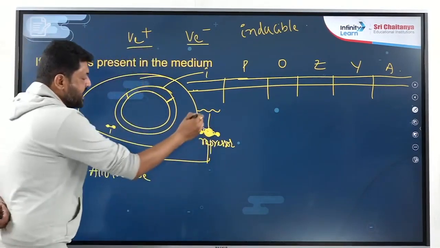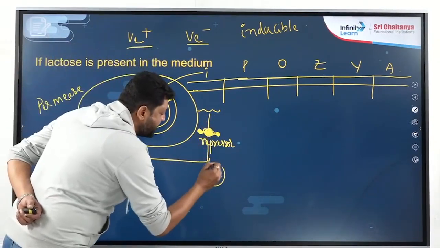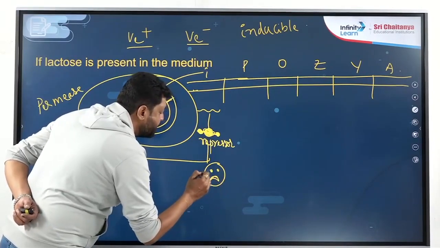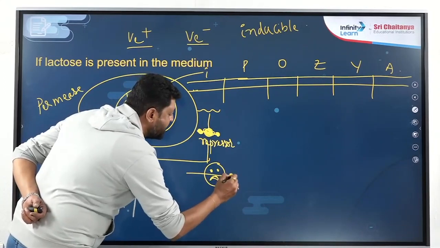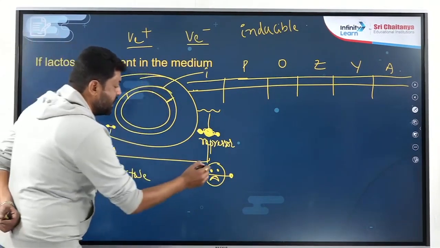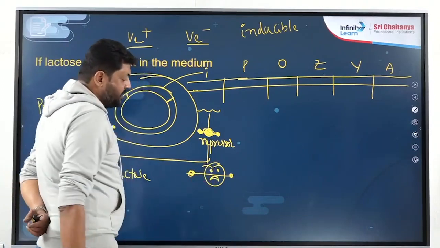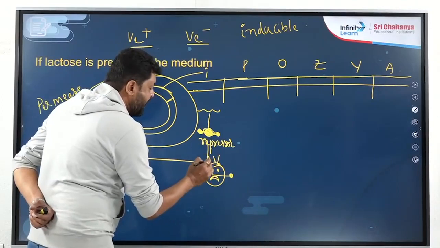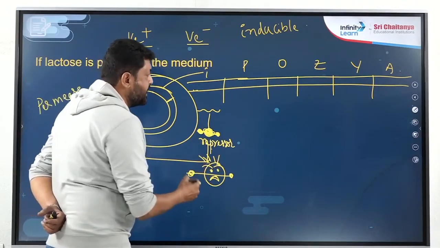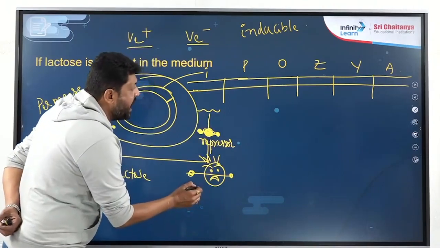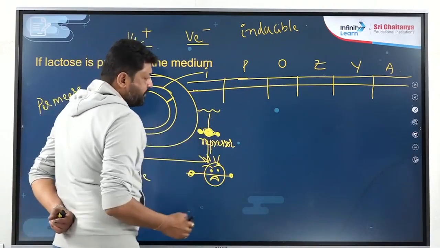After binding with lactose, the repressor protein will have some conformational changes. It cannot go and bind the operator, so the promoter is free. Then what happens?